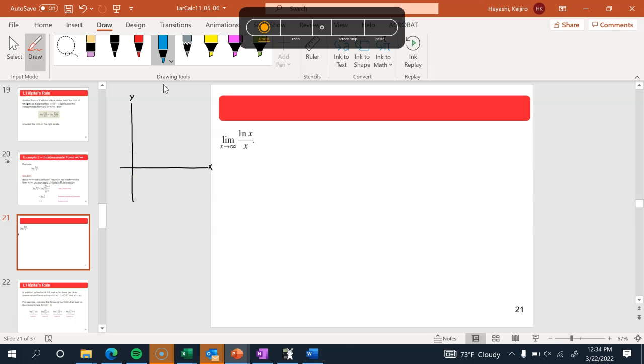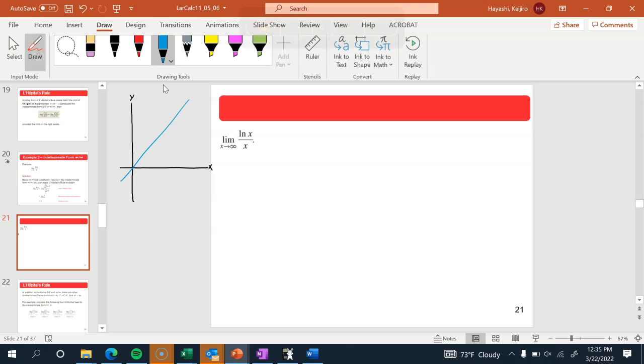Here is the curve, and I'll call this g of x, but it's basically just y equals x, right? It's a sort of 45 degree line, even though that's not 45 degrees, where y is whatever x is.